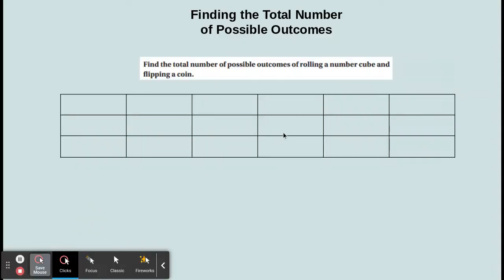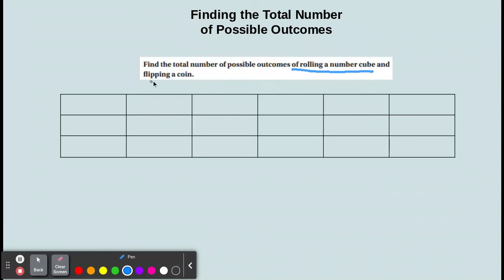All right, now we want to use a table to find the total number of possible outcomes of this situation where we have 2 events. We have one, we're going to roll a cube or a die, and then we're going to flip a coin. Okay, so we need to find the total number of possible outcomes for that.